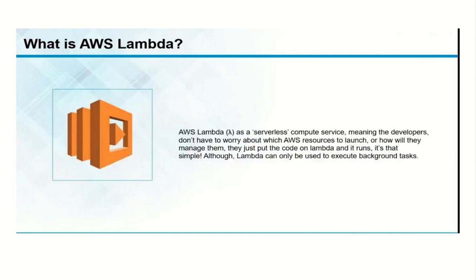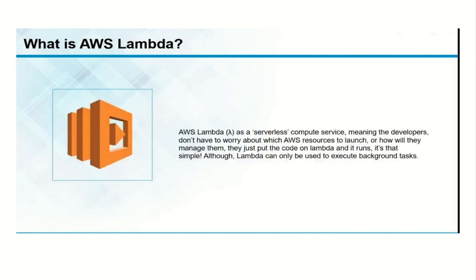If we want to stop any instance which is running in our account, that can be stopped by AWS Lambda. Also, we can make a setup where, if we upload anything to S3, a mail is sent to our email. These types of background tasks are done on AWS Lambda.